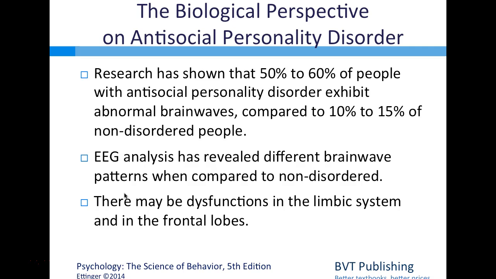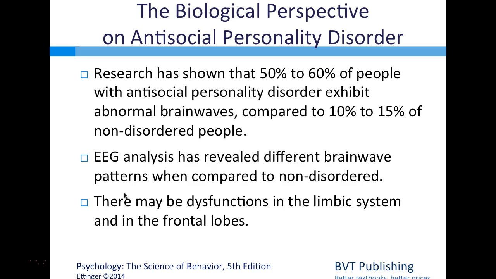And then there's the biological. So here's the interesting thing that I was bringing up when I first started talking about this. Research has shown that 50 to 60% of people with antisocial personality disorder exhibit abnormal brain waves, compared to 10 to 15% of non-disordered people. An EEG analysis has revealed different brainwave patterns when compared to non-disordered people.